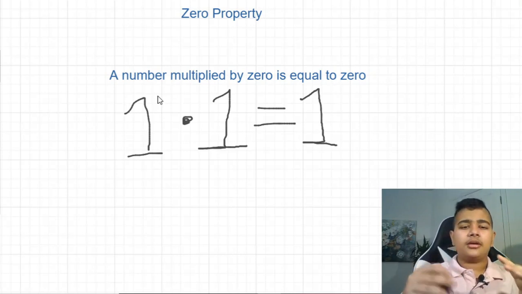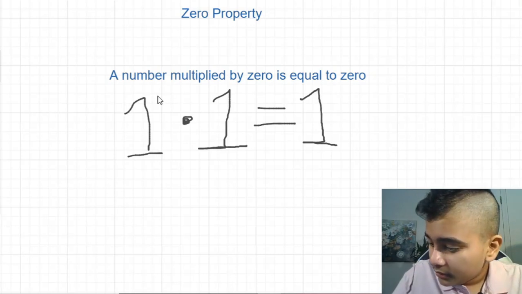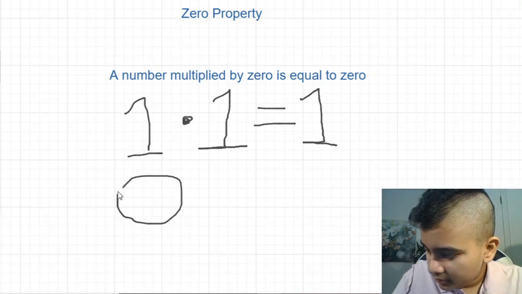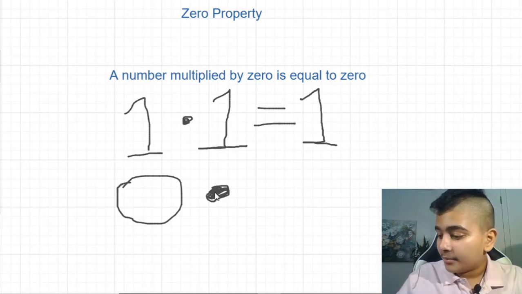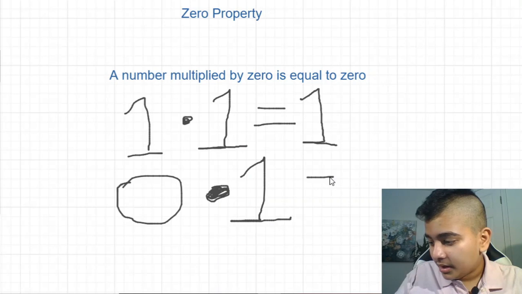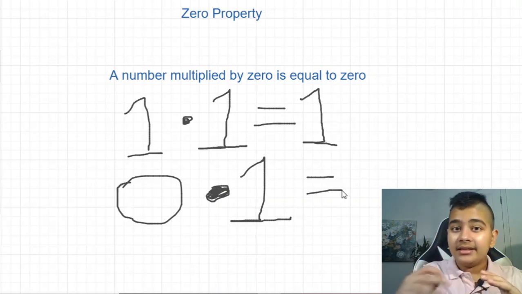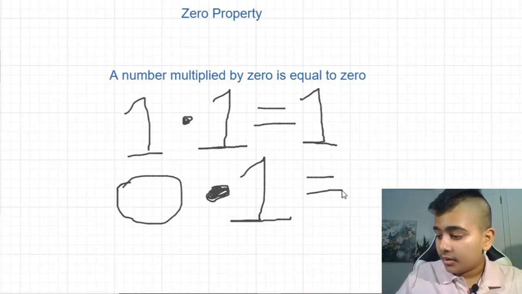Now let's substitute one of the ones for 0. So let's get 0 multiplied by, sorry for my messy drawing, I'm trying to use a stencil and my iPad. So 0 times 1, and when multiplying anything by 0, it will result in 0.